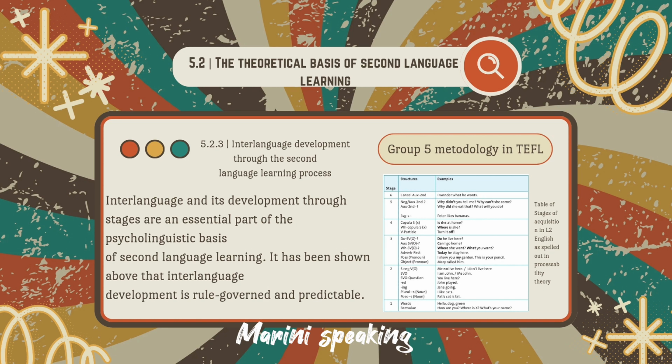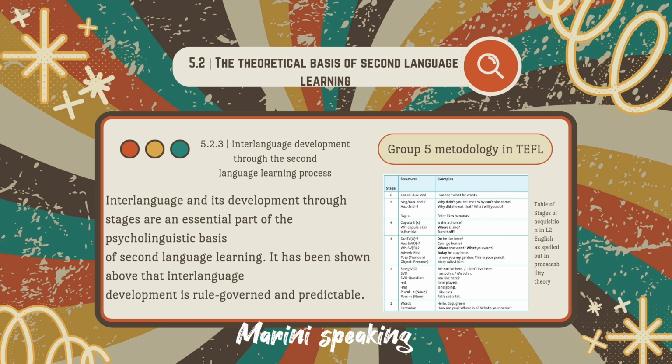The main feature of stage 2 is the SVO pattern, which the learner can use for statements, questions, and negation. At this stage, both target-like as well as non-target-like structures can be produced.